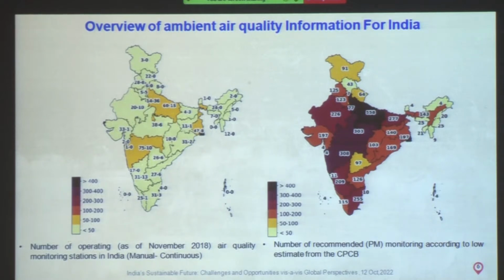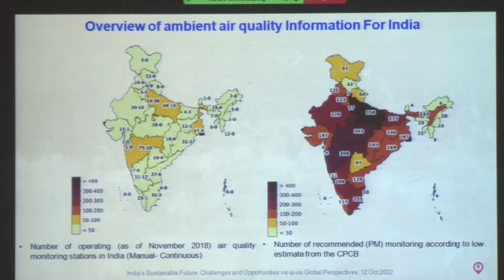And a very modest projected need, on the right-hand side map, is about 4,000 monitors. So the gap is very large, it's a few thousand, and each of them costs about 1.5 crore. So if you were to meet this gap currently, for a very modest expectation, one is going to invest about 6,000 crores, and that is all imported monitors.